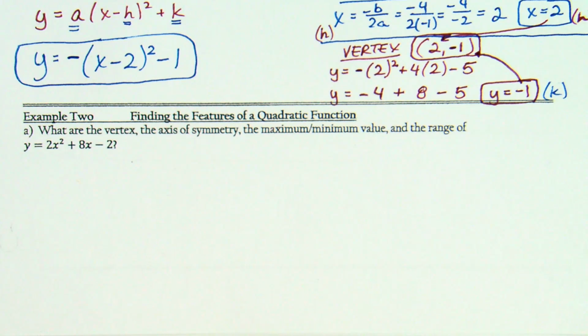We're finding the same information, but we're being given this equation in standard form. And so we have to look at it from a different viewpoint here. Okay, so standard form, if you recall, is ax squared plus bx plus c.